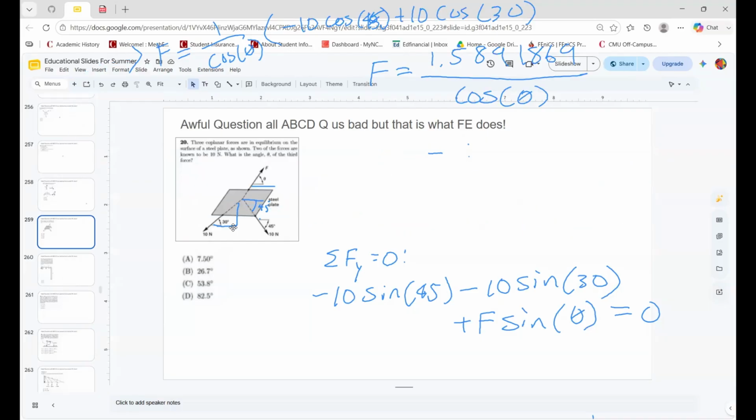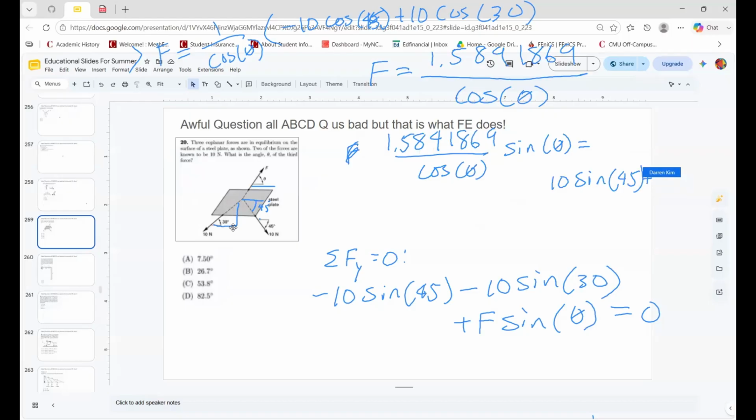And what you're going to do, you can plug it back into here, which is basically saying F, 1.5841869 divided by cosine theta, sine theta, equals 10 sine 45 plus 10 sine 30. And these are all questions from textbooks, by the way.